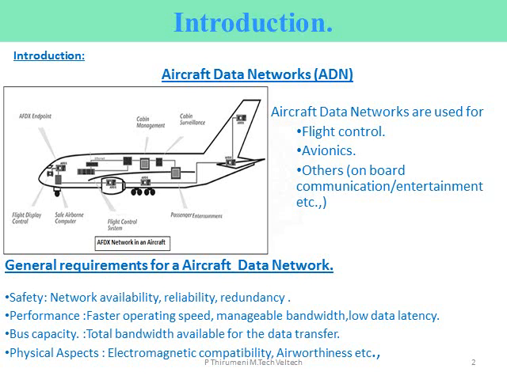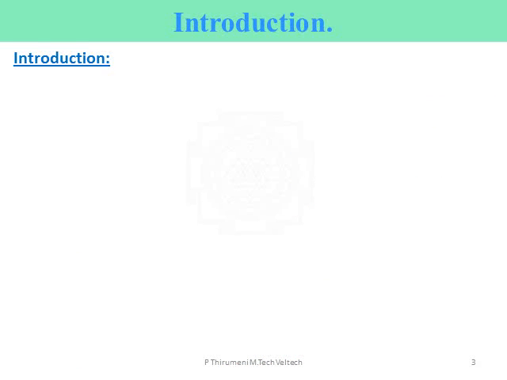AFDX is a profiled version of the IEEE 802.3 Ethernet-based protocol, particularly implemented for aircraft data networks. Of course, one more general requirement is physical aspects. It should have electromagnetic compatibility. It should be airworthy. These are all the general requirements for an aircraft data network.